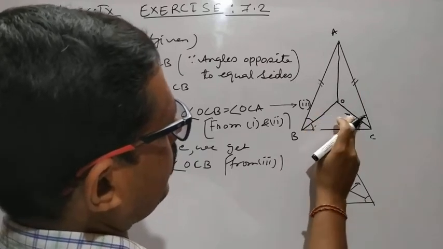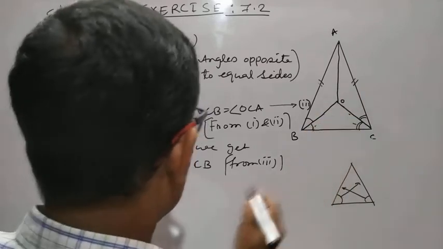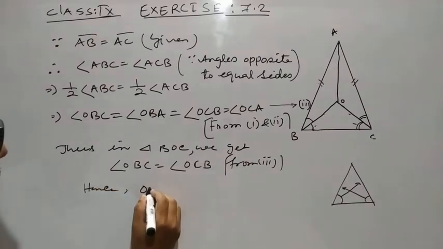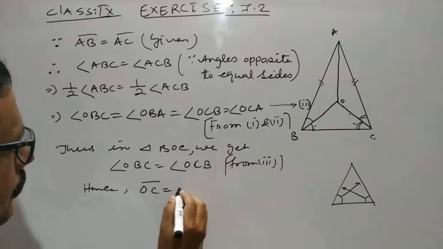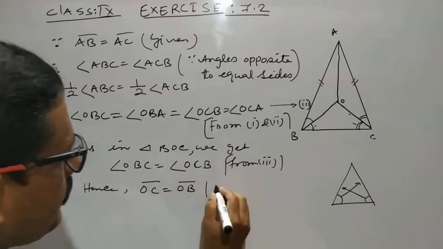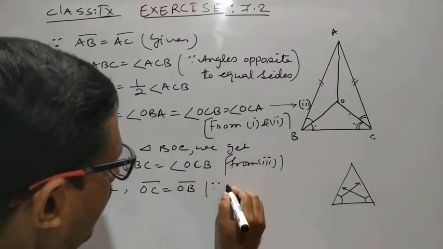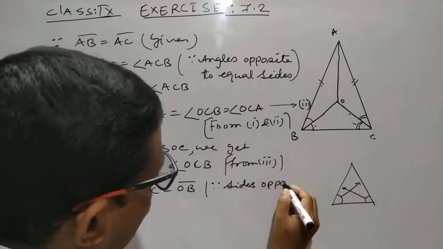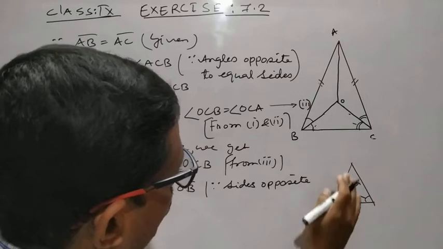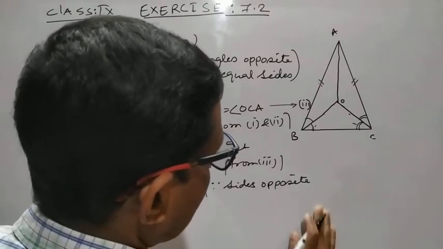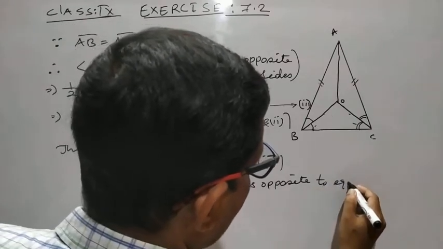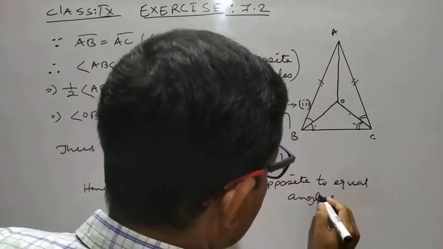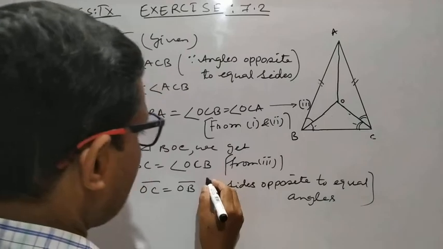So you can write this one as: hence OC will be equal to OB, since sides opposite to equal angles are equal.